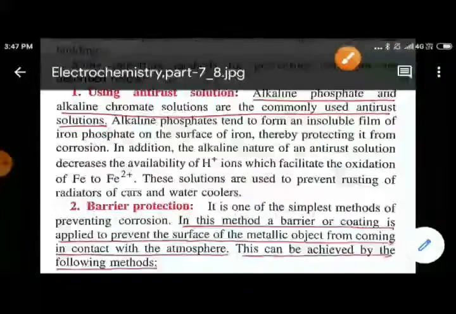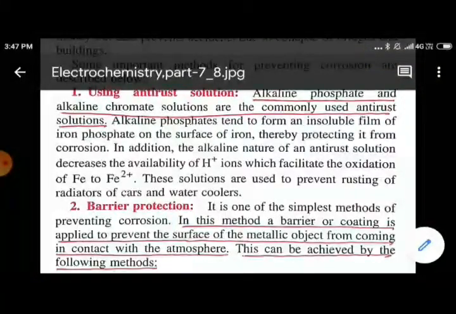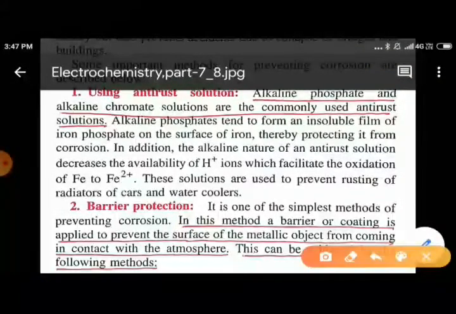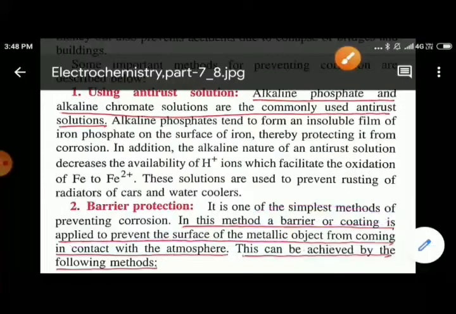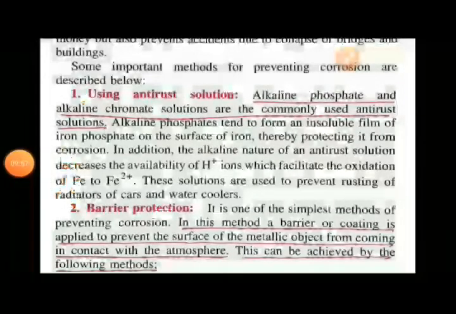Next point is barrier protection. It is one of the simplest methods of preventing corrosion. In this method, a barrier or coating is applied to prevent the surface of the metallic object from coming in contact with the atmosphere.